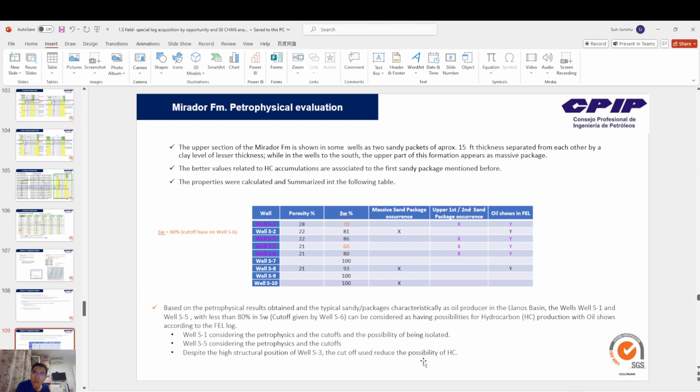The better values related to hydrocarbon accumulation are associated with the first sandy pack mentioned before. The properties were calculated and summarized in the following table.